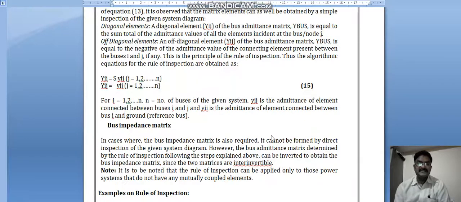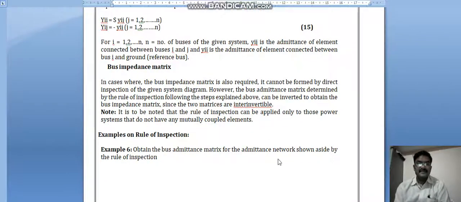Impedance matrix. In cases where the bus impedance matrix is also required, it cannot be formed by direct inspection of the given system diagram. However, the bus admittance matrix determined by the rule of inspection, following the steps explained above, can be inverted, because admittance and impedance are inverse properties.